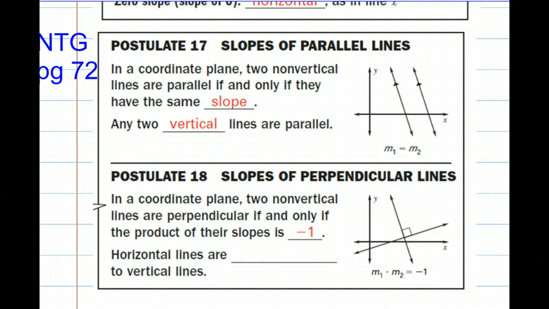Vertical lines are perpendicular to horizontal lines, and even though we can't multiply slopes in that case, for non-vertical perpendicular lines, if we multiply the two slopes we get -1. Or they're basically negative reciprocals.